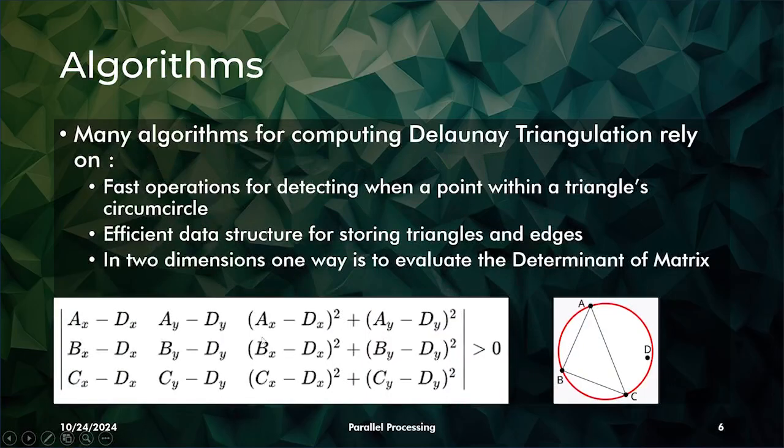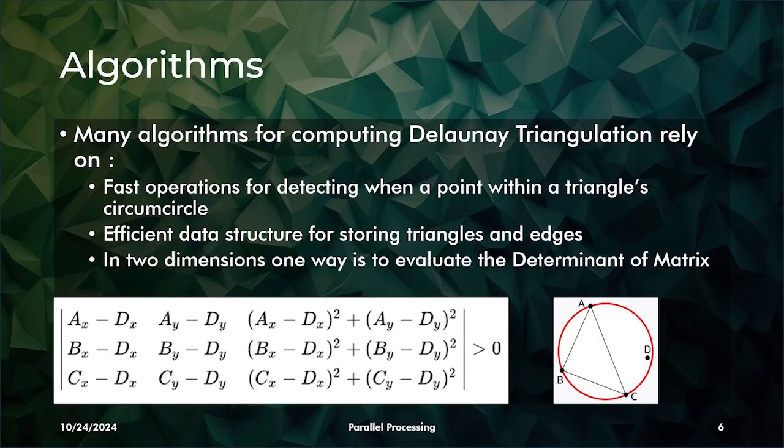There are many ways to apply Delaunay triangulation, and we have to consider two things. The first is the time complexity of that operation, which should be low, and also the data structure that we're using should be efficient and use less memory. One way that I'm going to use in this project is to evaluate the determinant of a matrix.